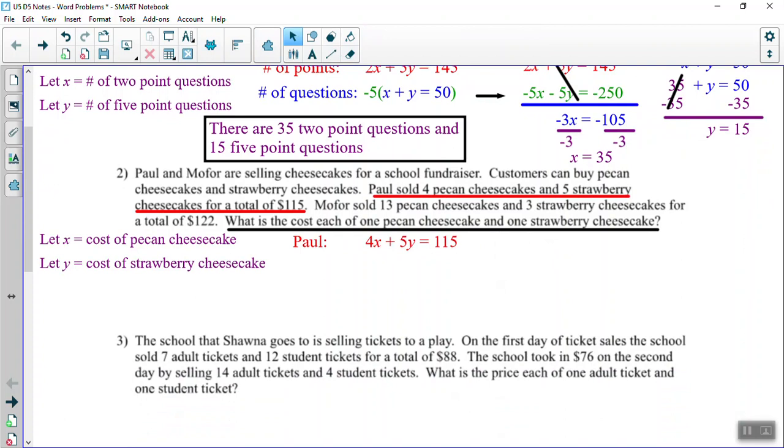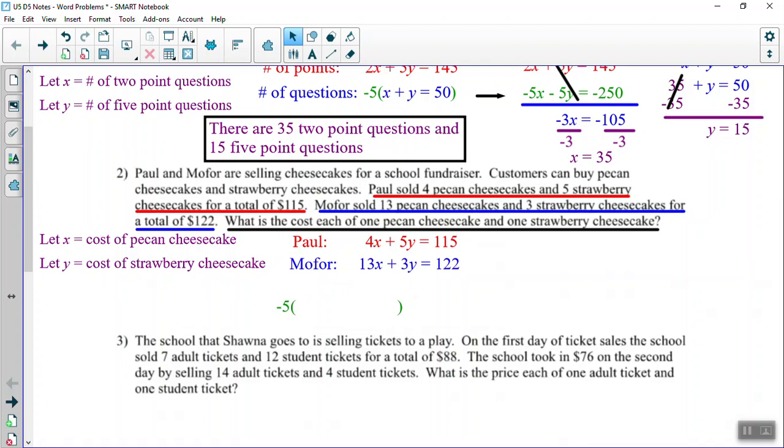Mofor sold 13 pecan cheesecakes and 3 strawberry cheesecakes for a total of $122. Okay. So Mofor sold 13 cheesecakes, so 13 times the cost of pecan plus 3 times the cost of strawberry will mean that he sold a total of $122 worth of cheesecakes.